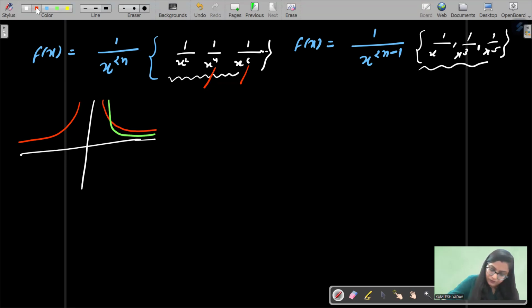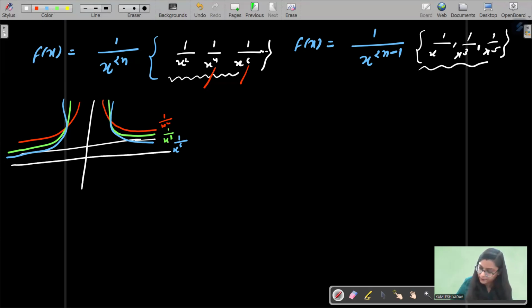The first function is y equal to 1 upon x square, the next function is 1 upon x cube, and another is 1 upon x to the power 6, which can be drawn like that. It does not touch the y-axis; the line cannot touch that point. So this is the graph form of 1 upon x to the power 2n.